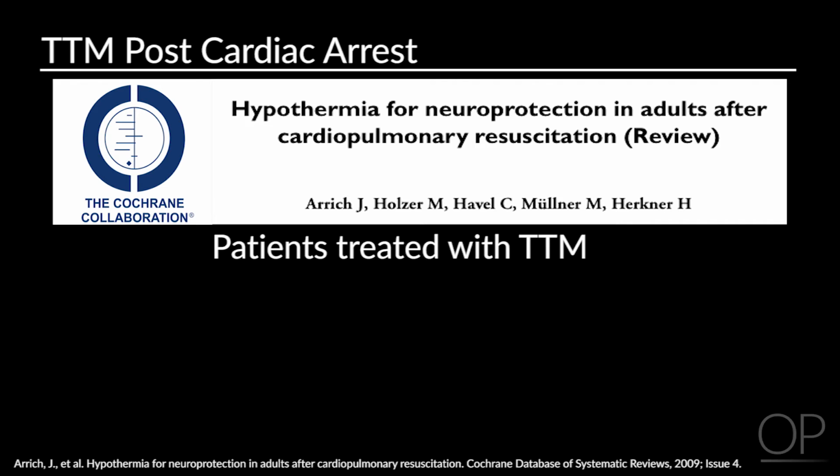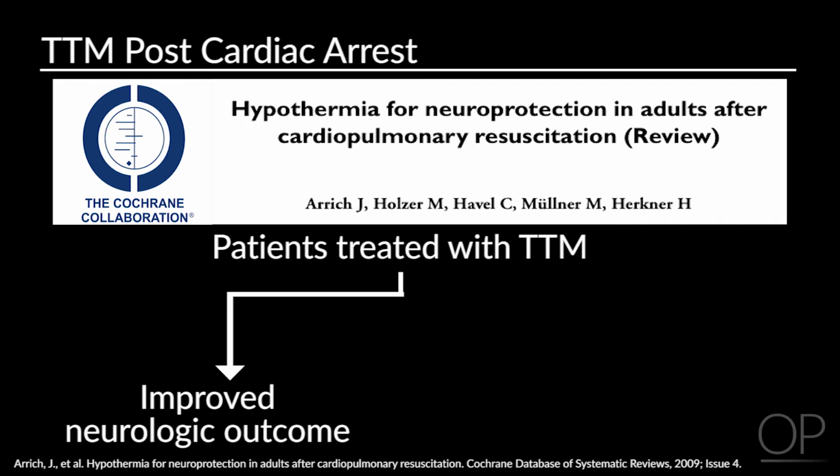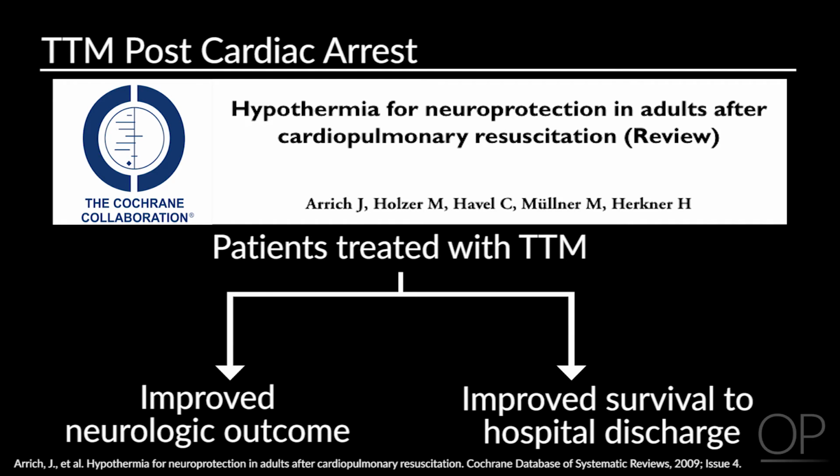And they said that patients treated with temperature-targeted management were more likely to reach a good neurologic outcome, and that those treated with temperature-targeted management were more likely to survive to hospital discharge.